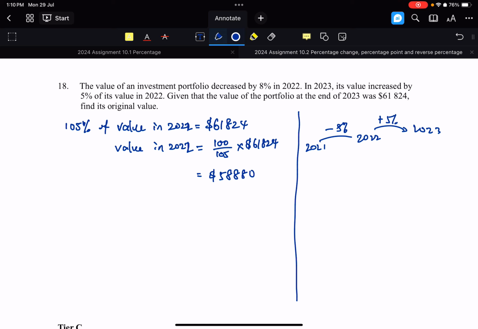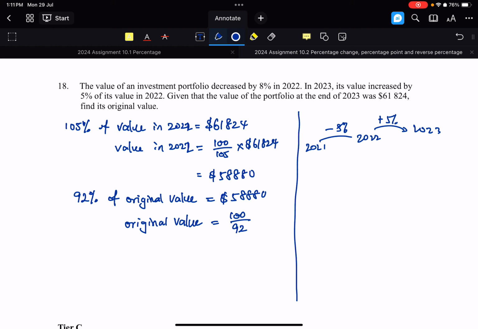So that will mean 92% of the original value is actually 58,880, which means the original value is going to be 100% out of the 92% times 58,880.